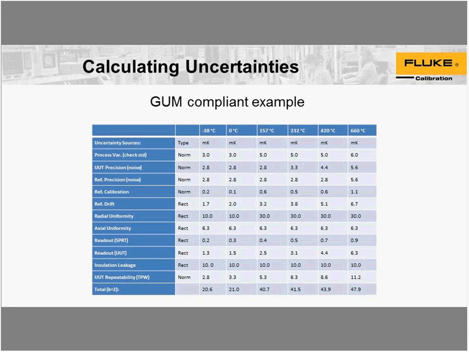Here you can see they've broken it out by some pretty common ITS-90 test points, which are mercury, typically the triple point of water, or 0, tin, zinc, and aluminum, going left to right. You can see they've broken down their UUT, reference, calibration, probe drift, axial and radial uniformity, insulation, and repeatability. So again, a much deeper dive into what they're looking for in an uncertainty.